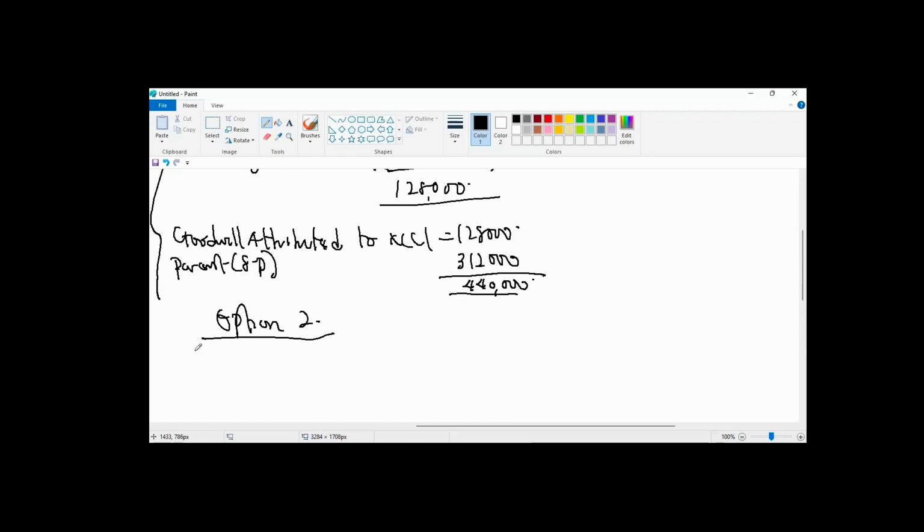I will now get what is called NCI at fair value.